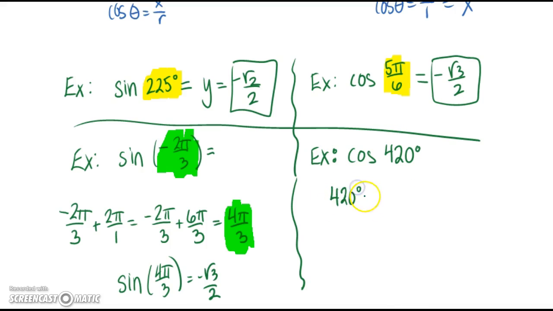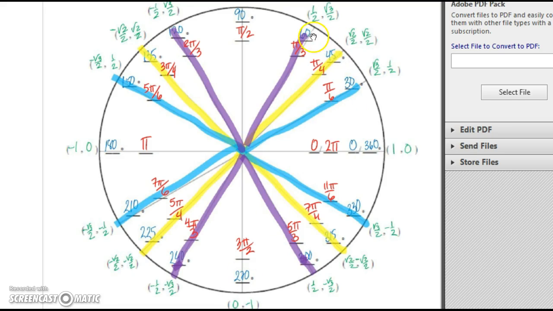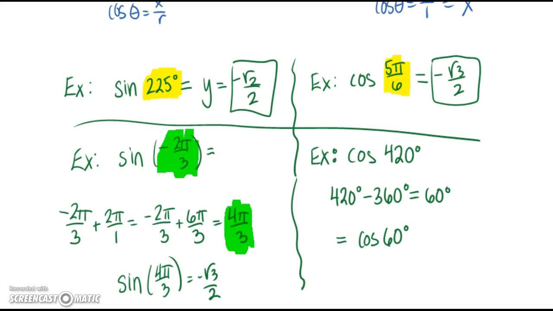Well, we can subtract a full rotation. That's how we find coterminal angles, and that's 60 degrees. And so cosine of 420 degrees is the same as the cosine of 60 degrees, and that's because they have the same terminal ray. Let's find 60 degrees. Cosine is the x-coordinate, and that is 1/2. And so the cosine of 420 degrees, which is the same as the cosine of 60 degrees, is equal to 1/2.